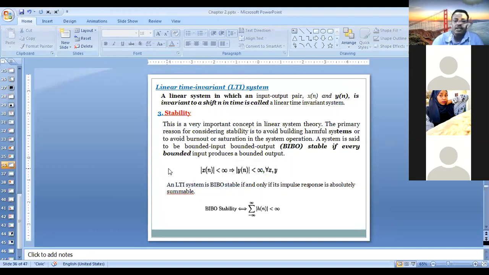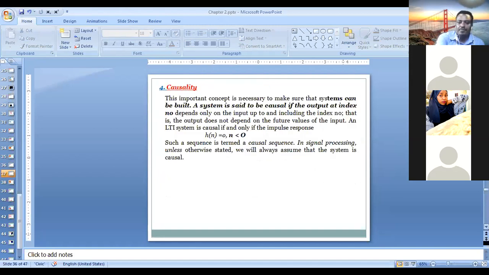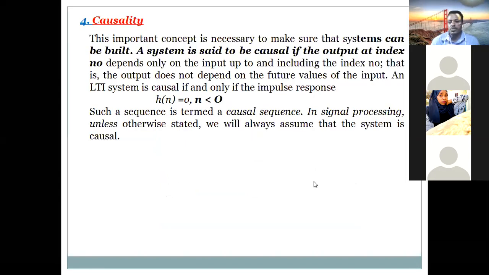They are linear, they are time invariant, plus they are stable. If one of these properties is missing, it's not important for us. So a system which satisfies linearity plus time invariance we call LTI, and in addition to this, the system must be BIBO stable. It's a very important class of system in DSP. LTI system with stability.